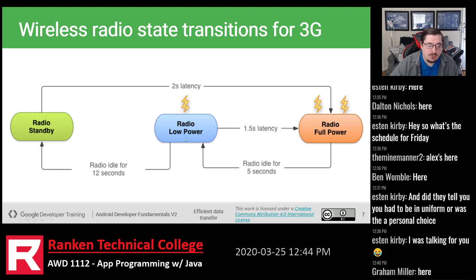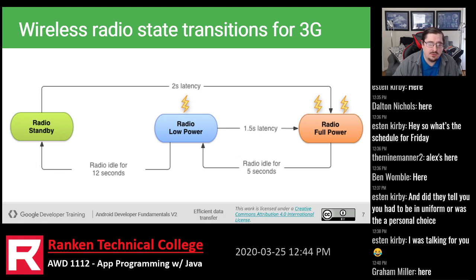And then from the low power state, it takes about 12 seconds to go down to standby. So anytime you use the radio, it's still going to be active for at least the next 17 seconds. That's the thing to keep in mind: even though you've finished using the radio doesn't mean it immediately turns off.